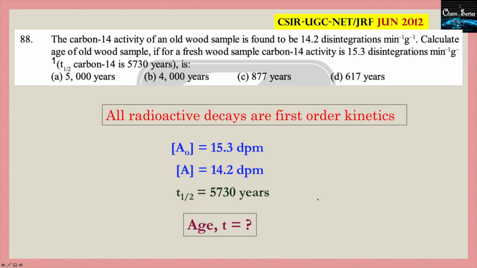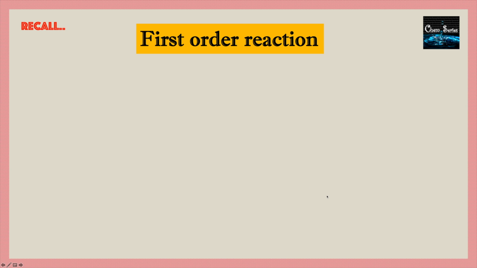And what are they asking us? t, that is the age of the old wood sample. So if we find t, then that will be the age of our old wood sample. So let's recall what we studied in first order reactions, so that it is understood which formula can be used for calculating t.